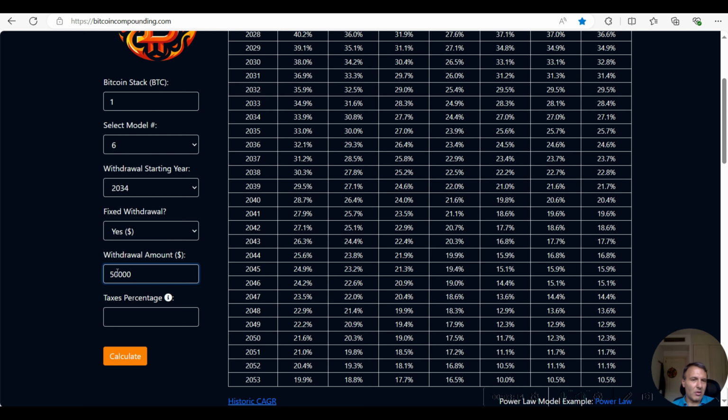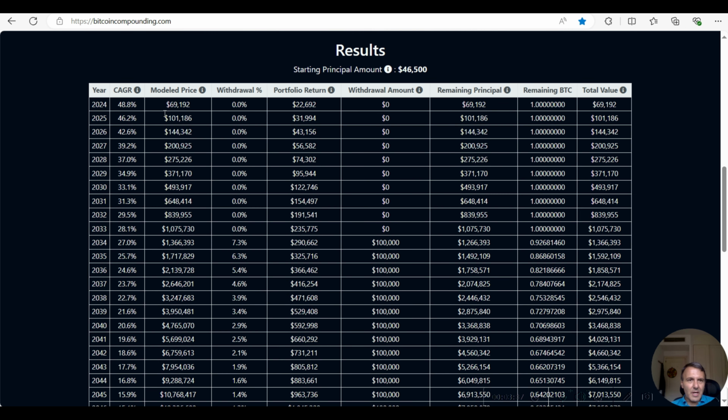If I hit calculate and move underneath, you can see the results. You can see effectively you've got the CAGR, the compound annual growth rate, shown above. One thing that I observed, which makes sense, is that at the beginning of its journey, given that it's following this kind of S-curve progression, you can expect a higher rate of CAGR, particularly where there's still amounts of Bitcoin to be acquired, what is left out of the 21 million.